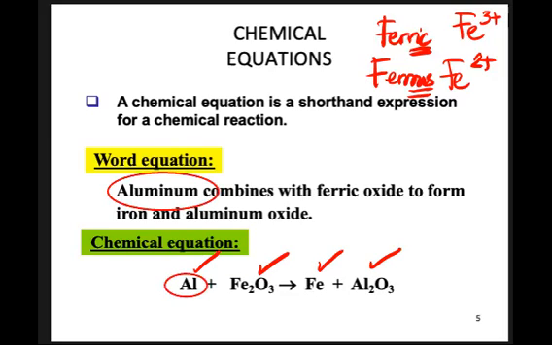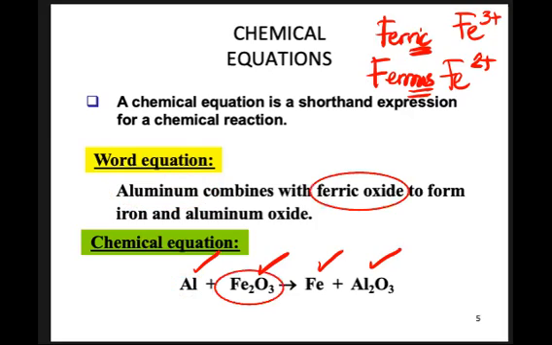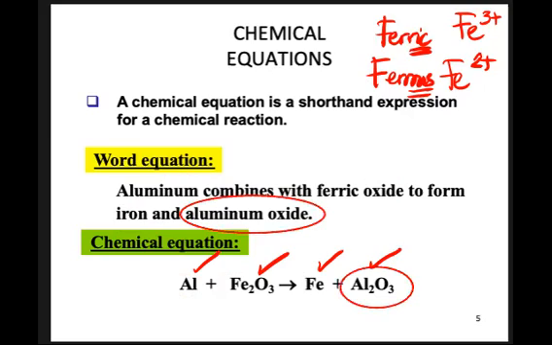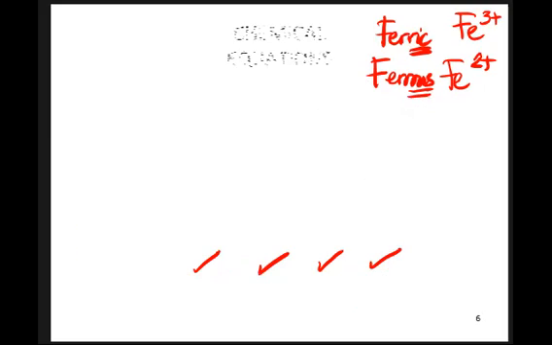It's single replacement. Aluminum, then we have ferric oxide, then we have iron, and we have aluminum and oxygen. So check, are the elements present in the reactant also seen in the product side? Okay, yes.